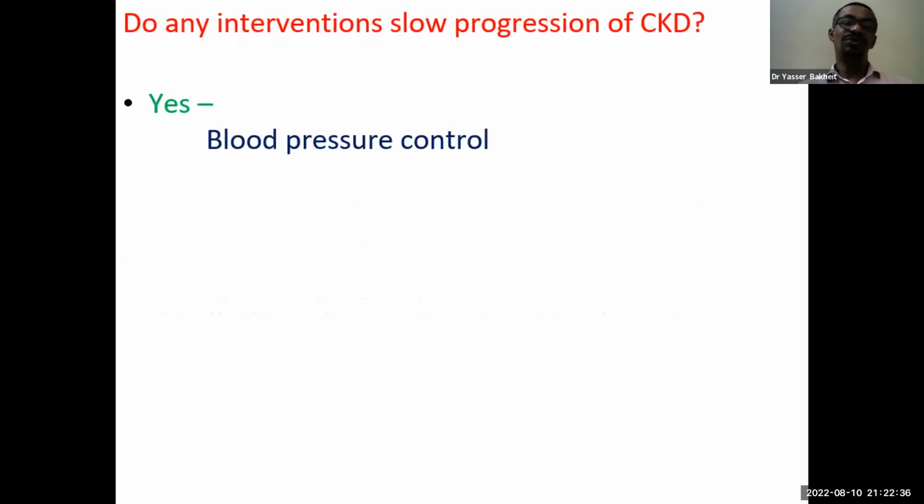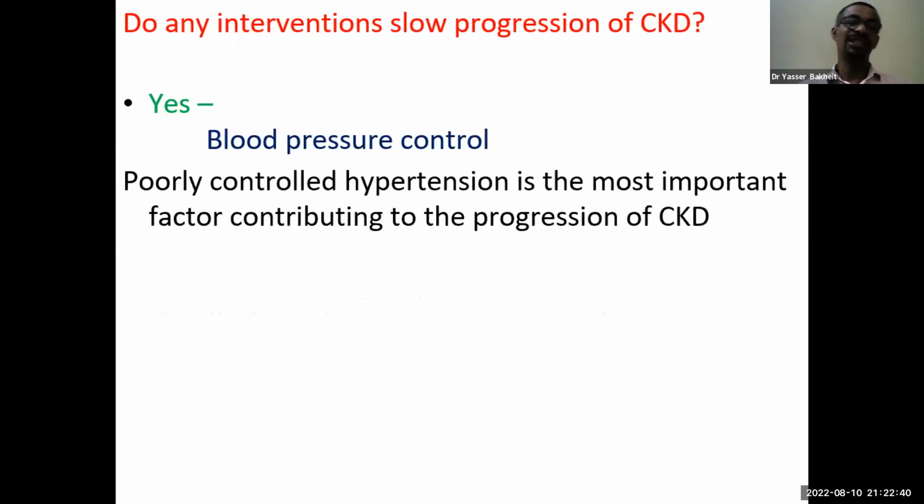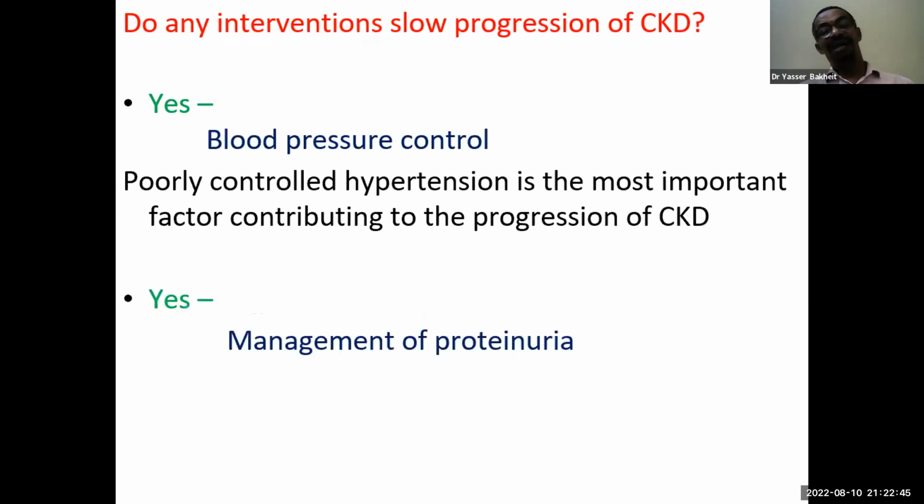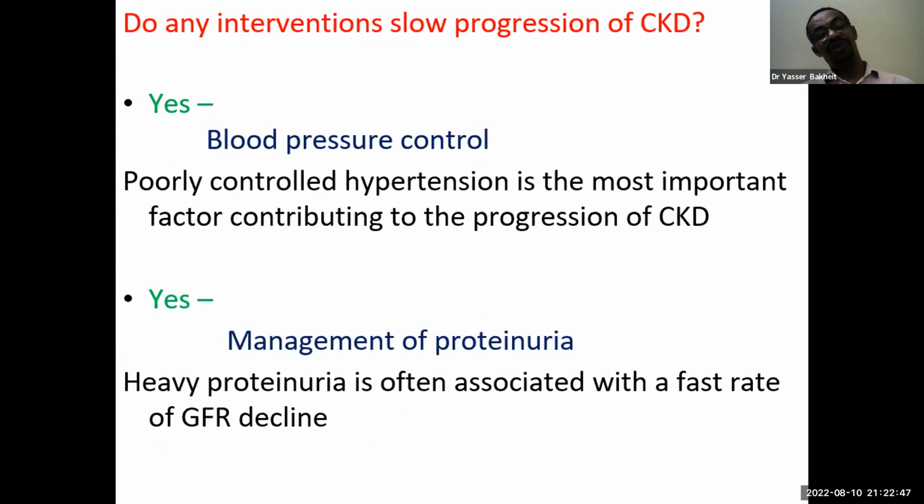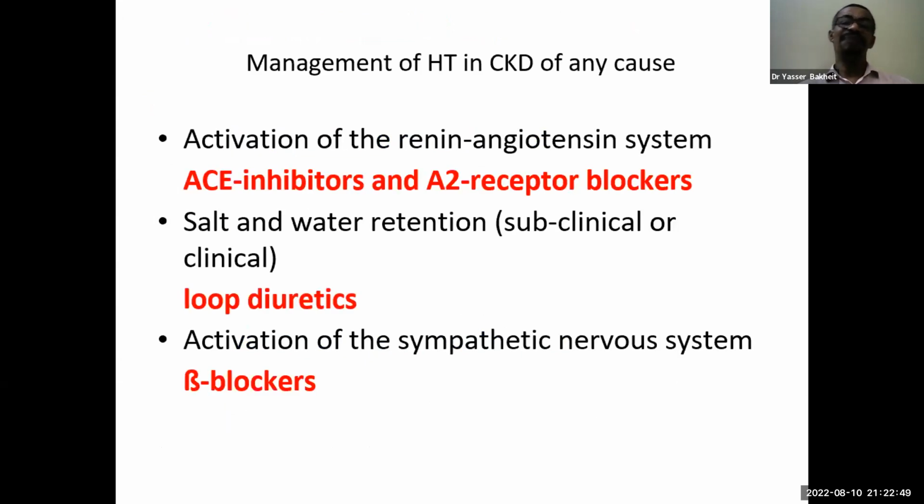So how to prevent the progression of the kidney disease? By controlling the blood pressure and management of proteinuria. Management of the hypertension, as mentioned before, is due to activation of the renin-angiotensin system.